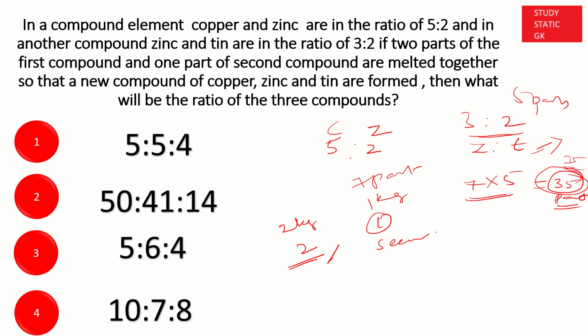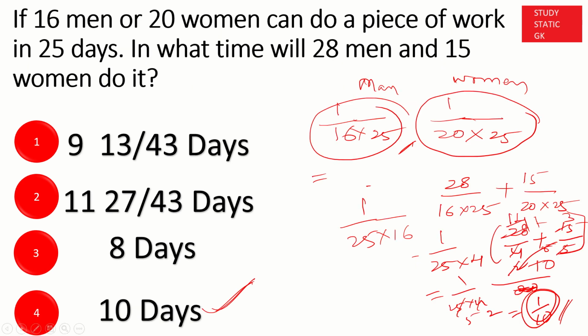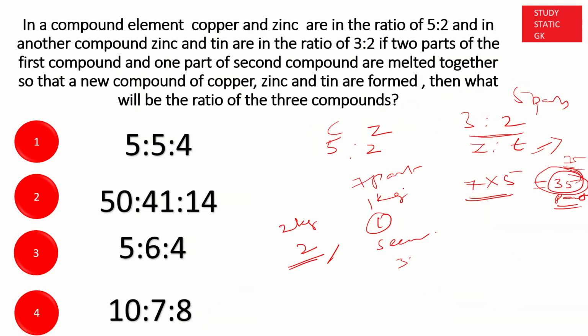For our convenience, we can take this as 35 kg, this as 35 kg, and this as 70 kg. Not a problem, right? The ratios will come anyways. So I am taking two parts of the first compound, that means 70 kg of the first compound, and again I'm taking 35 kg of the second compound, right?